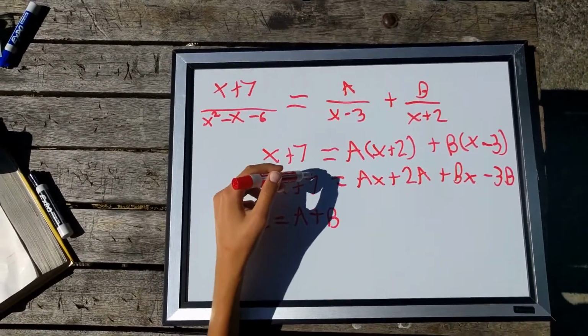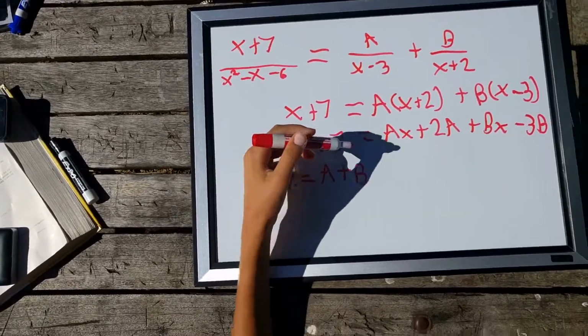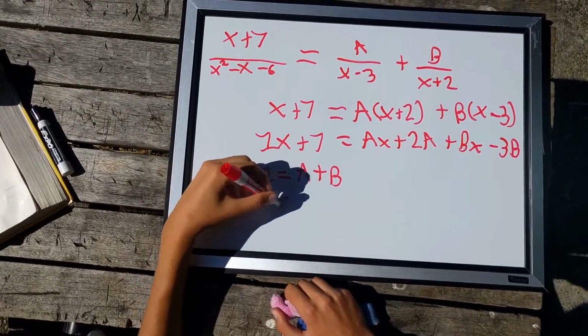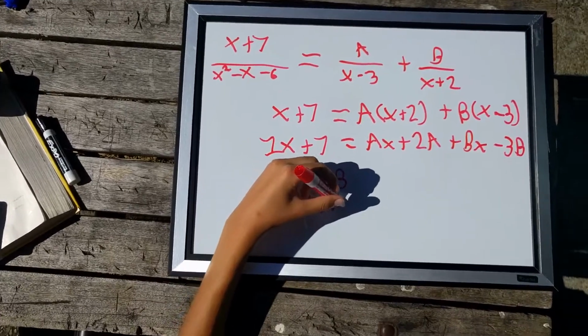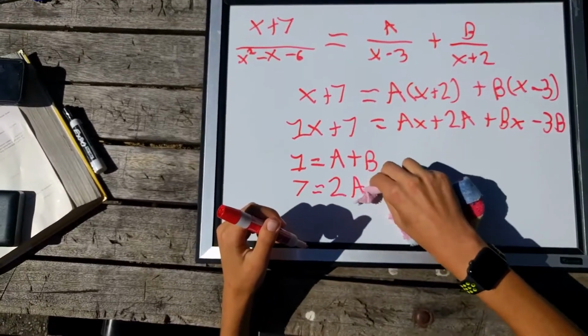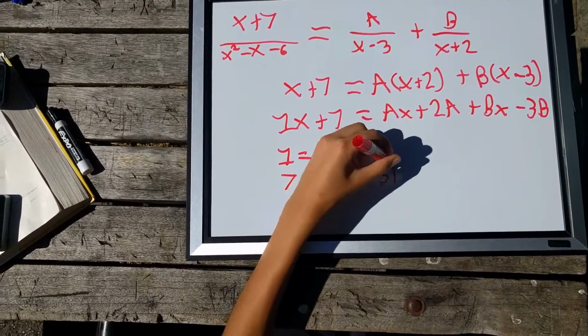And then for this part you would have 7 is equal to 2A minus 3B.